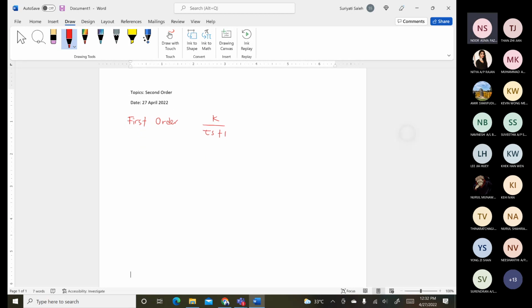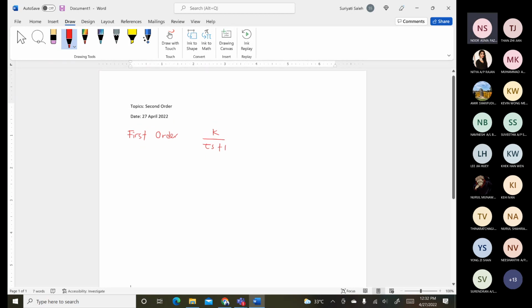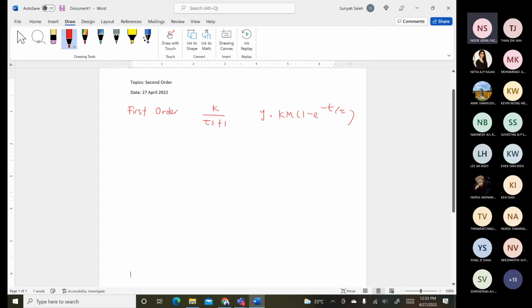And then based on this standard form, we have the inverse Laplace, where normally the inverse Laplace is in the form of y equals K M times 1 minus exponent negative t over tau. So this is the standard inverse Laplace for the first order.